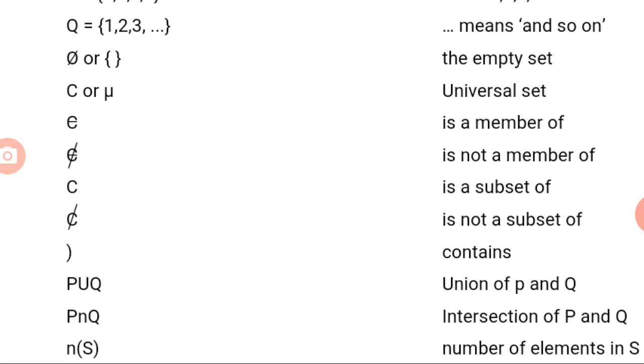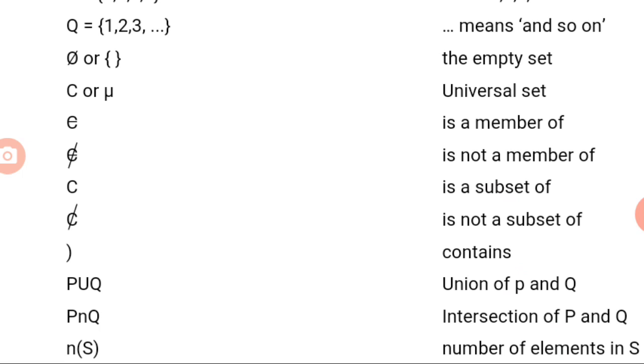The next one is inverted C, which means contains. Then the next one, that U there, means union.